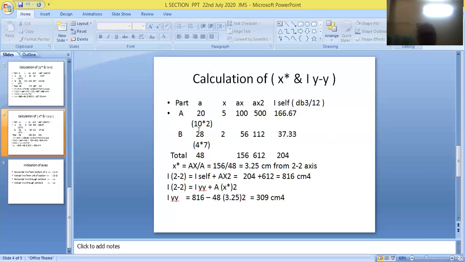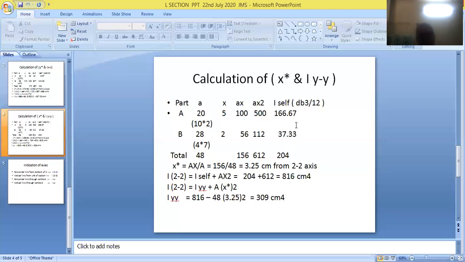So B values written in the left hand side, D values written in the right hand side. So therefore, it has to be written as 2 into 10 cube by 12. Then only you will be getting this value. And here it has to be written as 7 into 4 cube by 12. So then only you will be getting the second value.